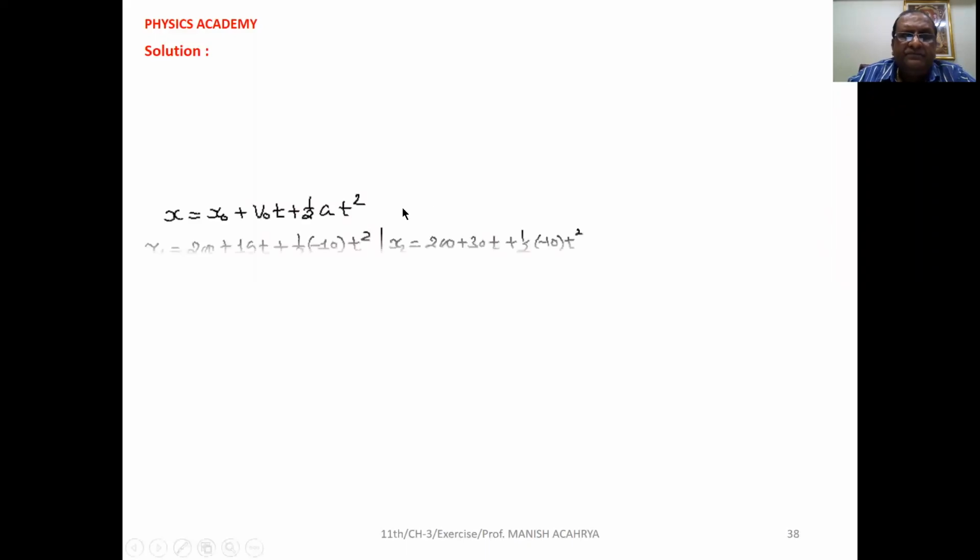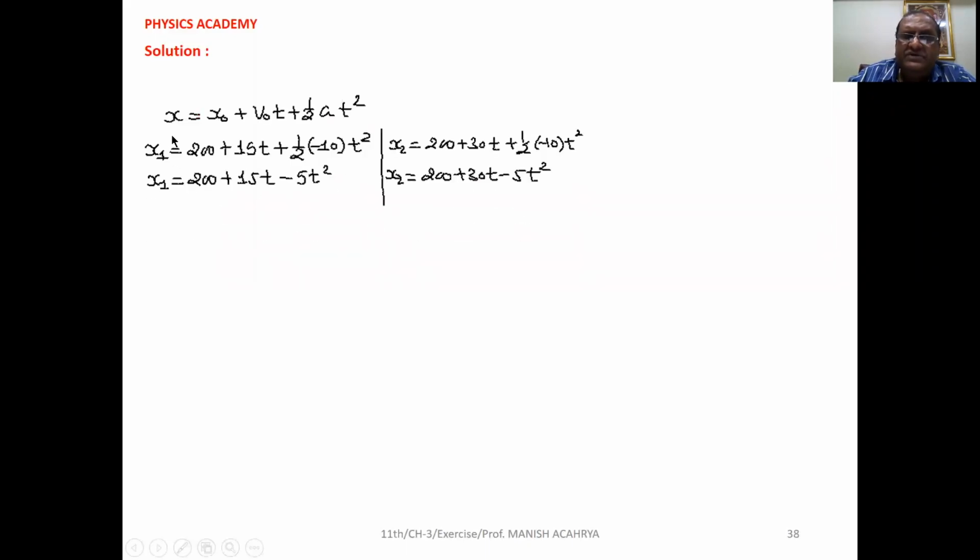Now solution. We have the equation for the position of the object, x equal to x0 plus v0 t plus half a t square. So for the first stone we can write position x1 equal to initial position 200, plus it is thrown with initial velocity v0, that is 15t, plus half a, that is minus 10, into t square.